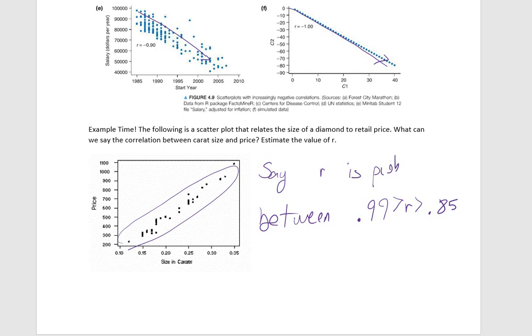So for example, let's say that a very large diamond got stuck in there, but it had awful clarity and the color was gross. So even though it was a large diamond, let's say that its price was actually pretty low. Let's say it was about there.